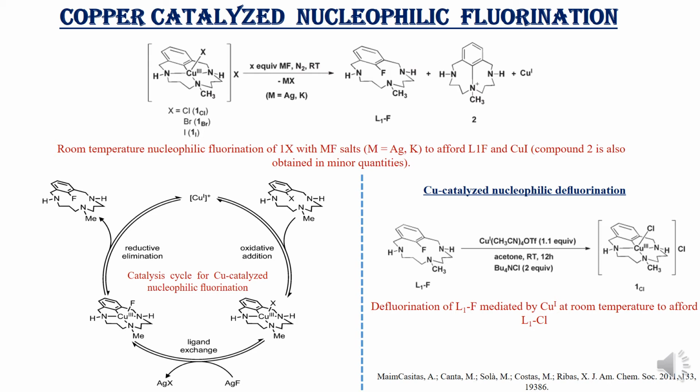Therefore, by adding acetone as solvent and some excess of chloride, the defluorination takes place with the same copper(I) catalyst. So with the copper catalyzed nucleophilic reaction, we could get the fluorination as well as defluorination reactions.